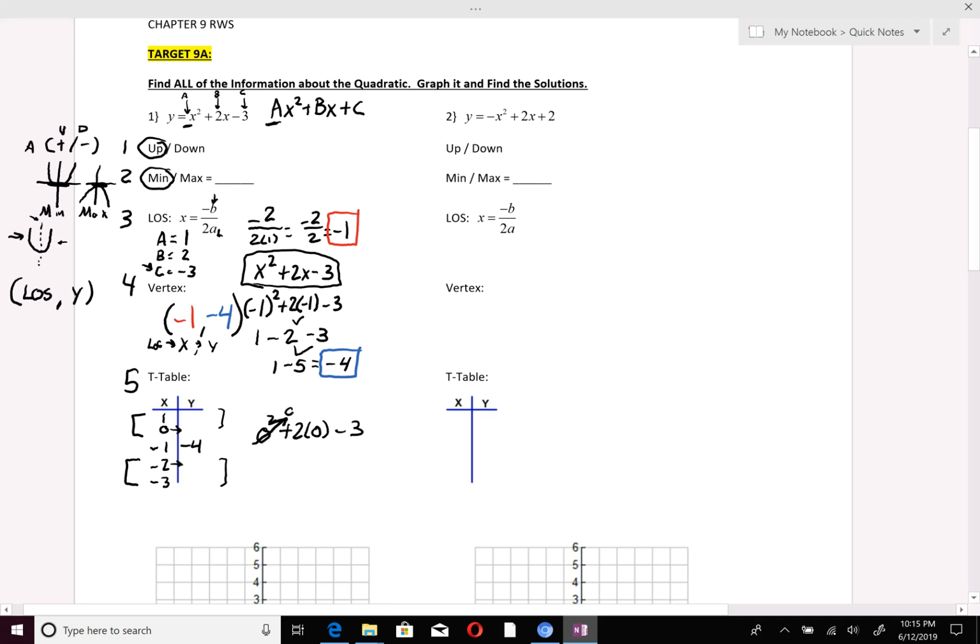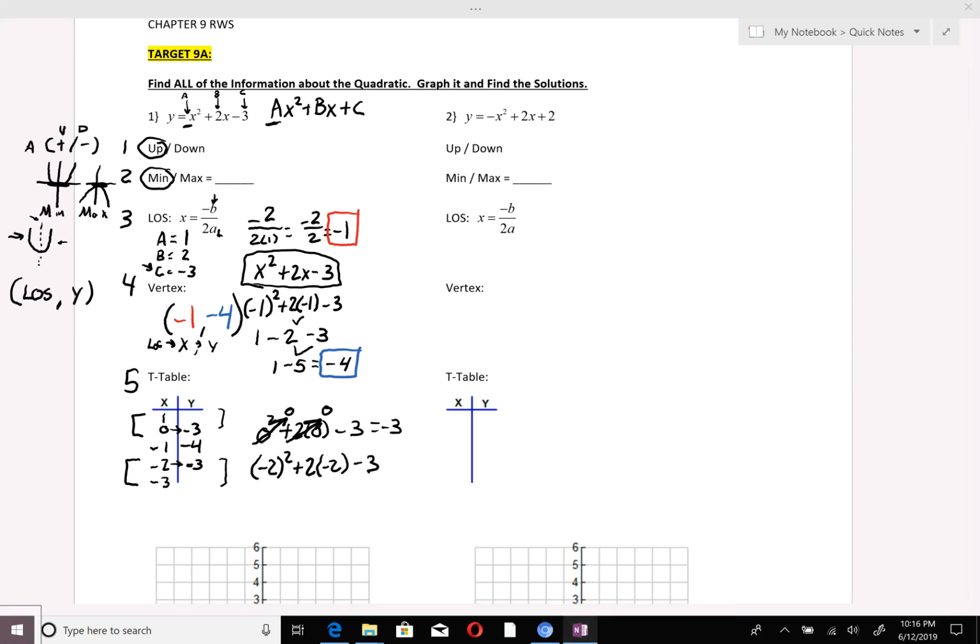So this is 0 and this is 0. So all we're left with is negative 3. So for our x value, when we have 0, it gives us a y value of negative 3. So since they're mirrors, this one is also negative 3. And I'll show that. So if I put negative 2 into the same equation, things will start to cancel out because of the negative.